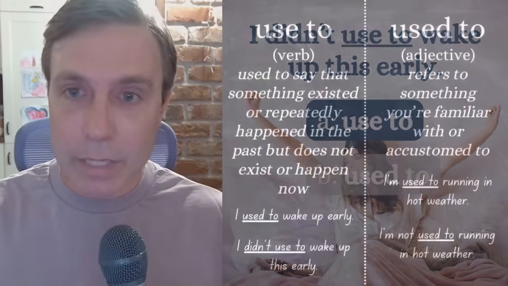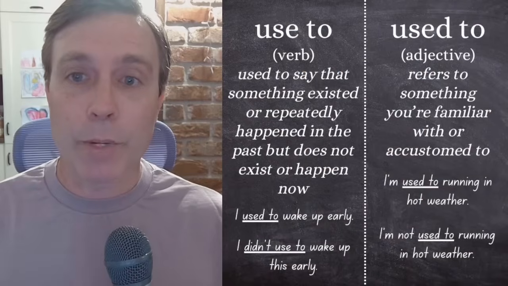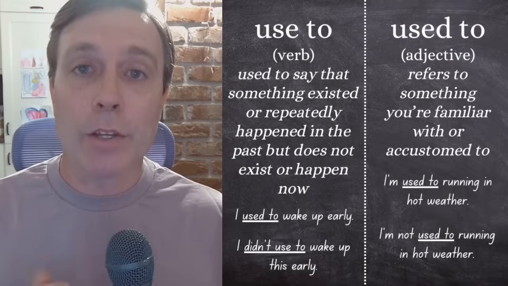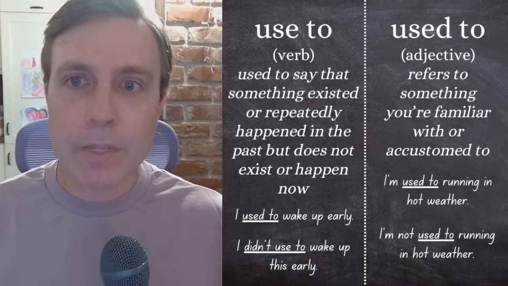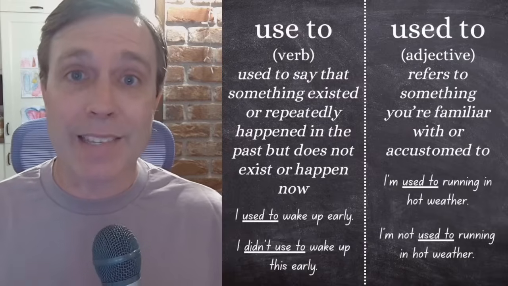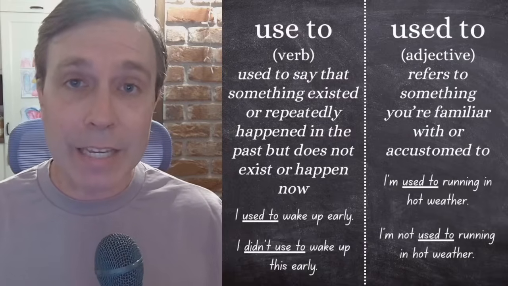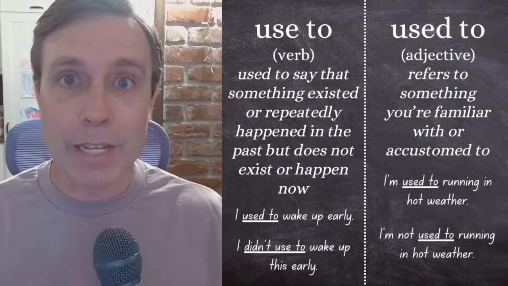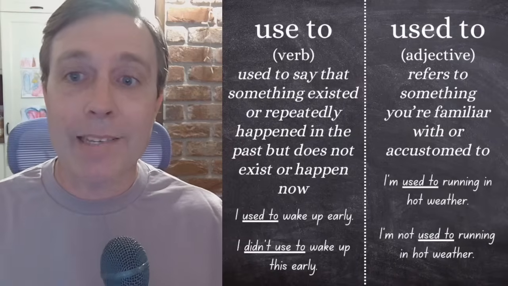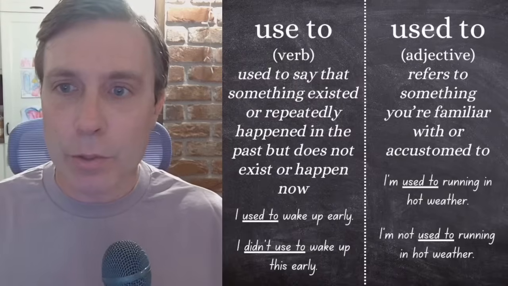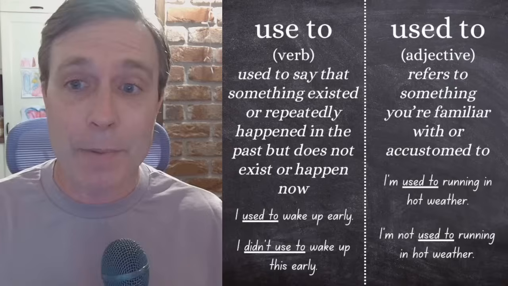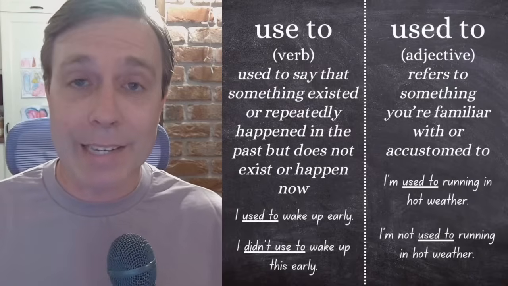Now, let me give you a little more detail between used to as a verb and used to the adjective. Now, used to as the verb, often it's going to be used in the past because of the meaning. It is an ed verb in the past, so it's going to be spelled U-S-E-D, used to, because it means that you are referring to something that existed or repeatedly happened in the past, but does not exist anymore.